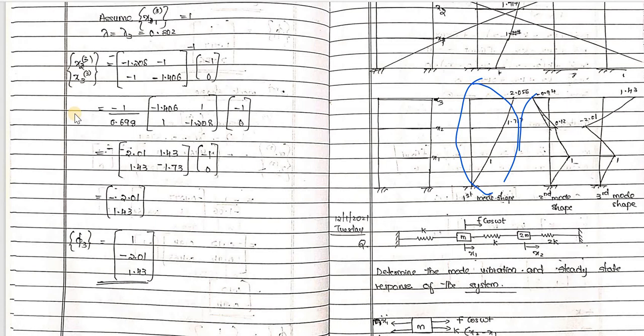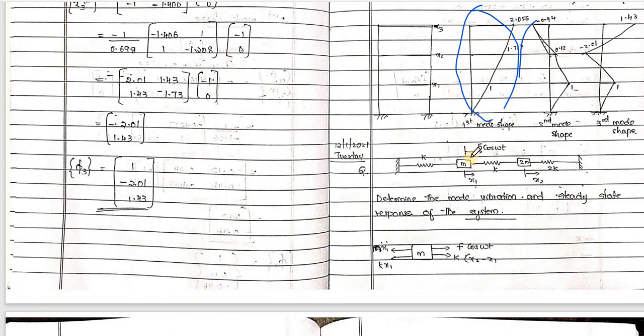The first floor will be moving by 1 meter, the second floor will be moving by 1 meter or 1 millimeter, it depends. Then the next floor will be 1.171. That is the meaning. But when it is omega 2, one moves towards the left, the other to the right. Likewise, it will have a zigzag movement. That is the way you get an idea of how the structure moves when the vibration is taking place. That is the basic thing you need to understand.